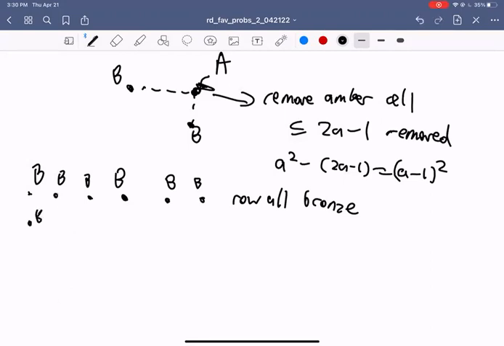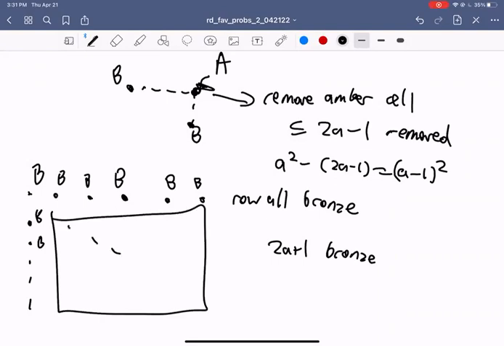So then we must have an entire row and column filled with bronze cells. And then there are 2a plus 1 bronze cells from that. But our minimum amount of amber cells is a squared, and our amount of total cells is a squared plus 2a plus 1, which means the maximum amount of bronze cells is 2a plus 1. Therefore, all of these cells must be amber, so we can, again, just choose along the diagonal.